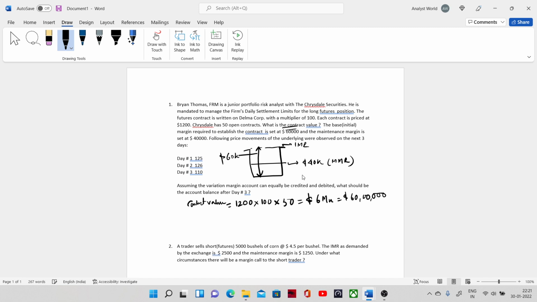Now we have to find out, if the underlying has a price of 125 on day 1, what would be the variation to the maintenance margin account, or the initial margin account. Let's understand one thing.